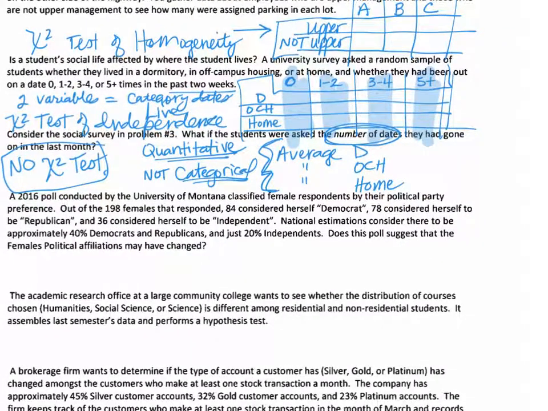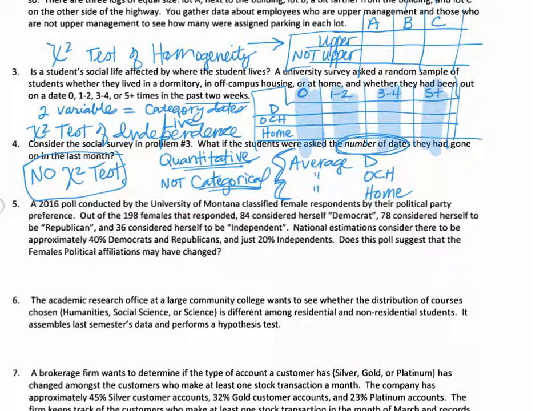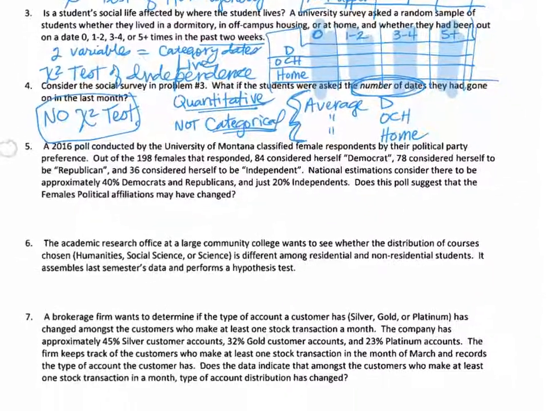So anytime they ask for averages, you cannot do that, because you would get an average, and that's a no-go. Because when you do things in counts, I have 20 people that had 0 dates, 20 out of 100. Counts would make a proportion.